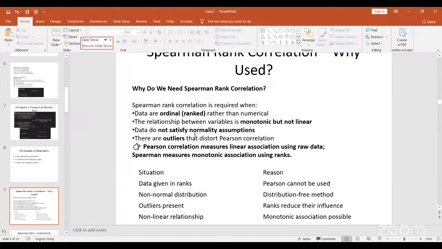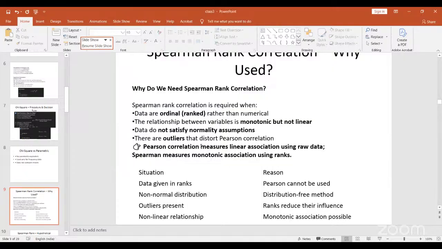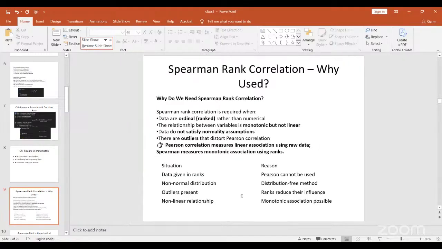There are outliers that distort Pearson correlation. In Pearson correlation, we can't deal with outliers, but here we can. So Pearson correlation is a linear association using raw data, but Spearman measures the monotonic association using ranks. So this is the situation when we have to use Spearman rank correlation.